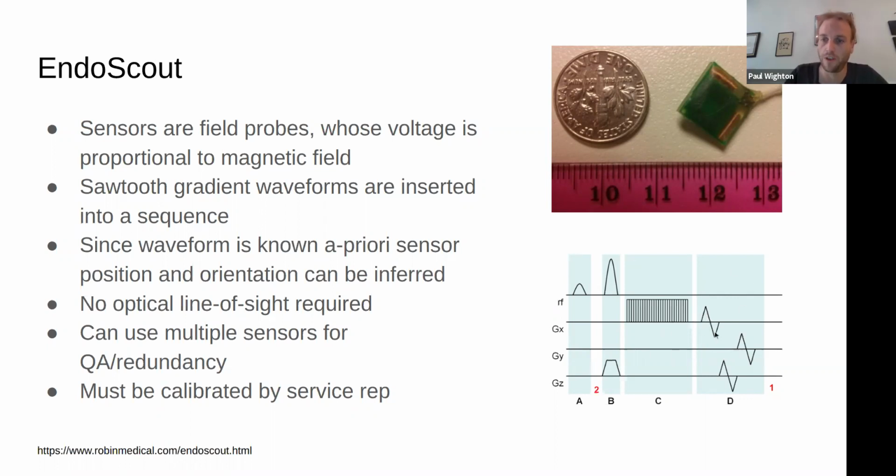What we're doing here is we're inserting these sawtooth gradient waveforms. And then what that's going to do is induce a voltage into these coils based on the position of the coil in the magnet. And since we know the shape of the waveform we've inserted, we can take the voltage that we observe across the sensor and back out where in the bore that sensor had to have been to give us that voltage.